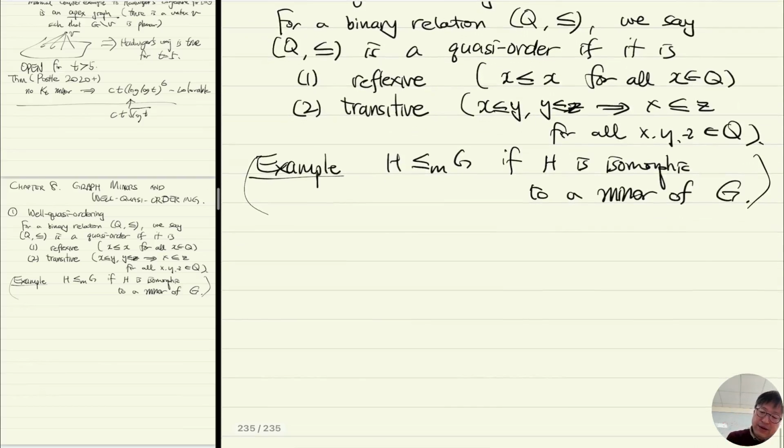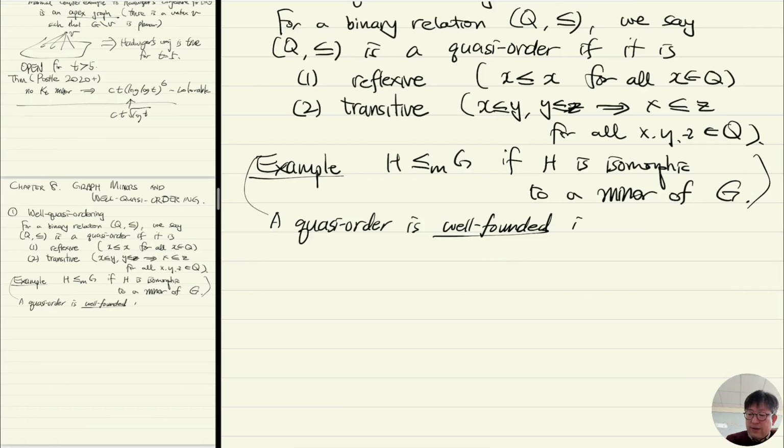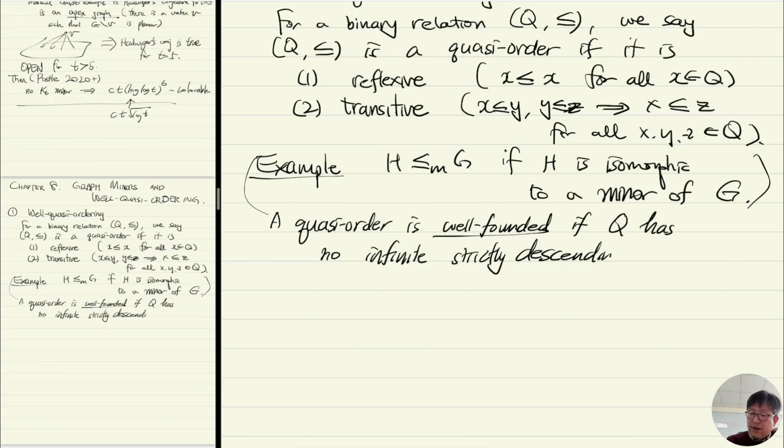All right, now I will define a few terms. A quasi-order is well-founded if Q has no infinite strictly descending sequence x0, x1, and so on.